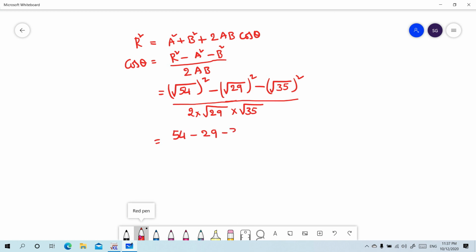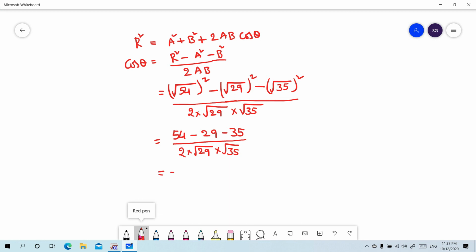So root 54 whole square means 54, minus 29, minus 35, divided by 2 into root 29 into root 35.